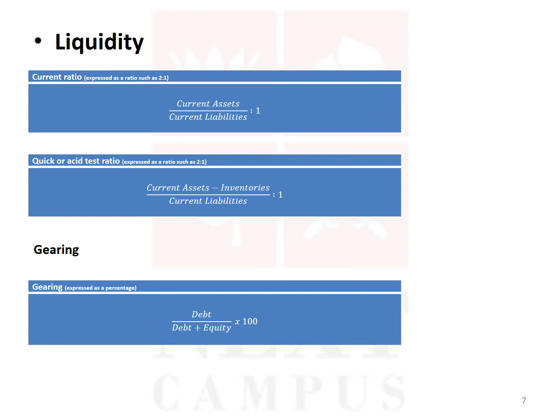So the final set of ratios, liquidity ratios. Liquidity means how effectively the company can settle its short-term debts. How effectively the company can settle its loans, debts in the short term, quickly. How quickly the company can settle its dues. So liquidity.